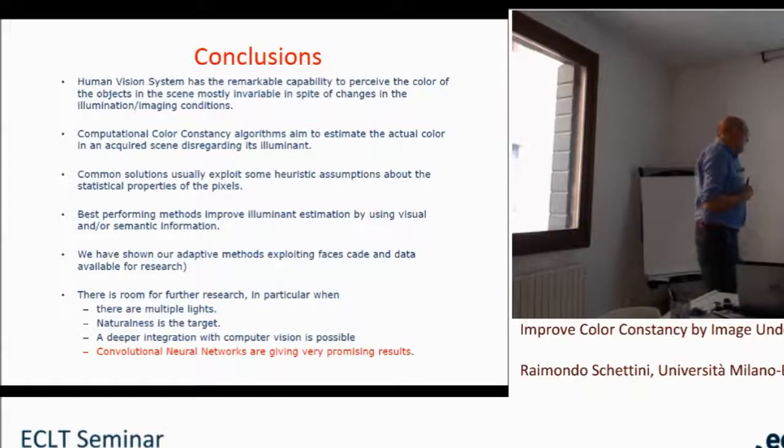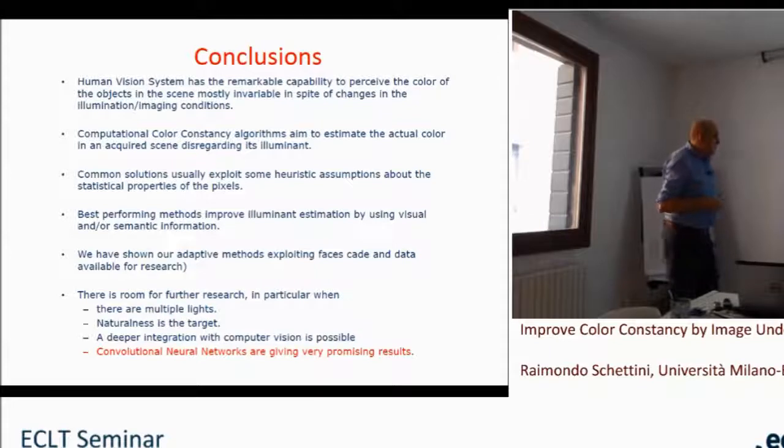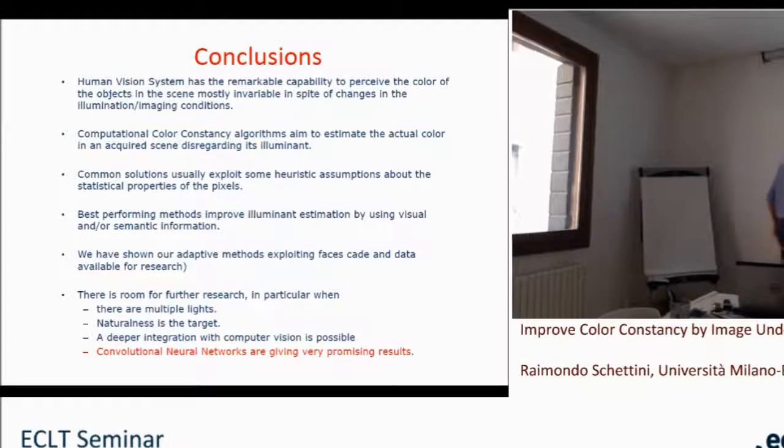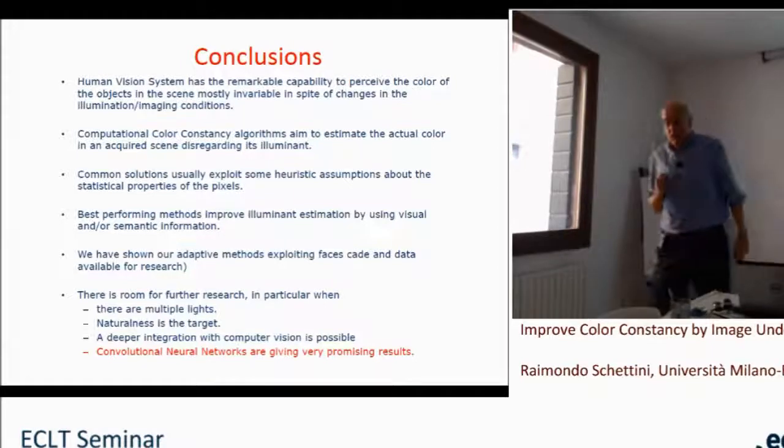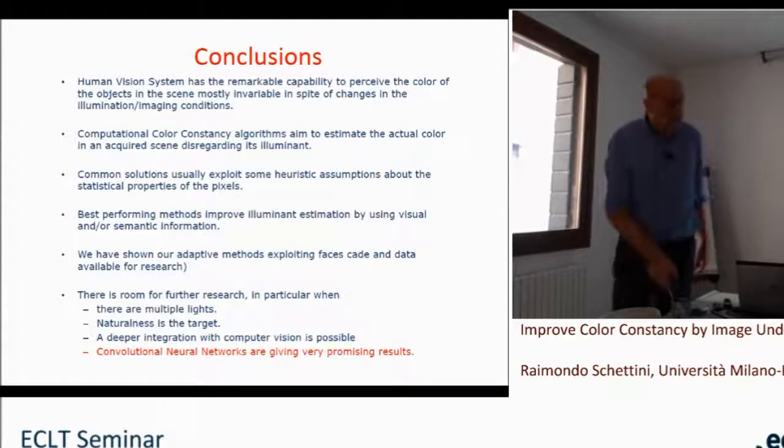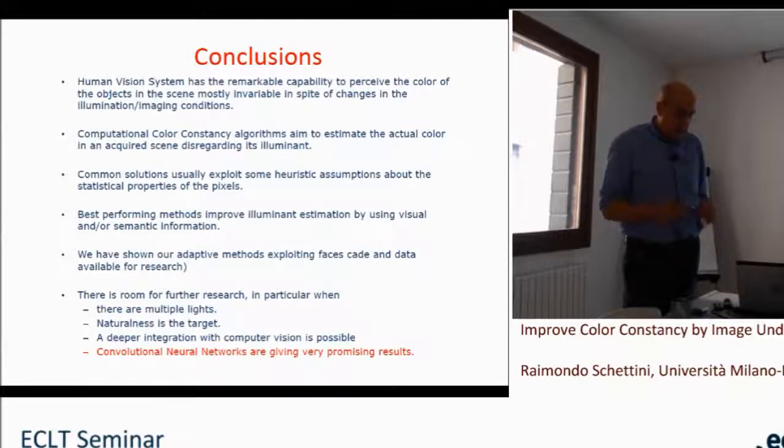So this is just a summary of what I've told you. Maybe in the future I will show you something about convolutional neural networks. We actually have a paper submitted now, I think it's almost finished, the review process.